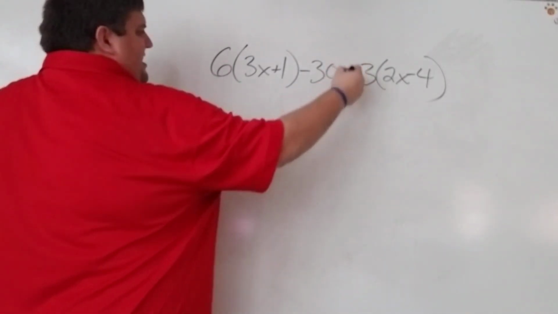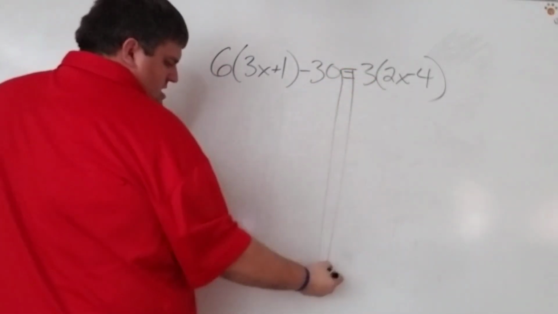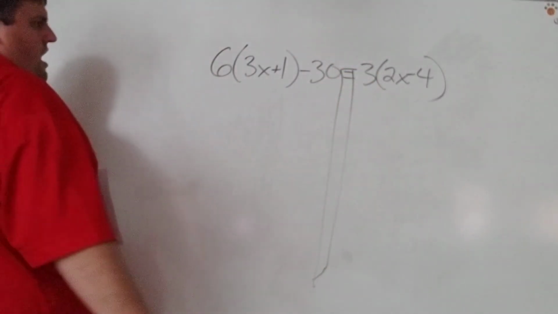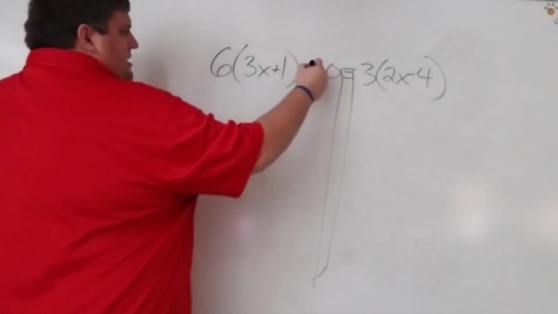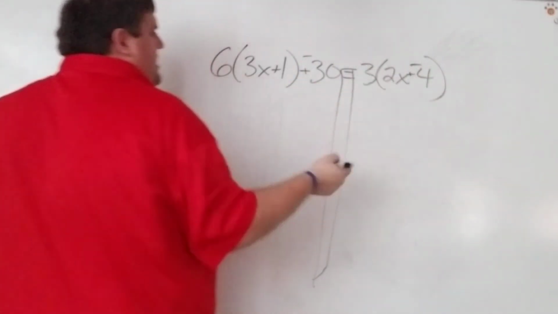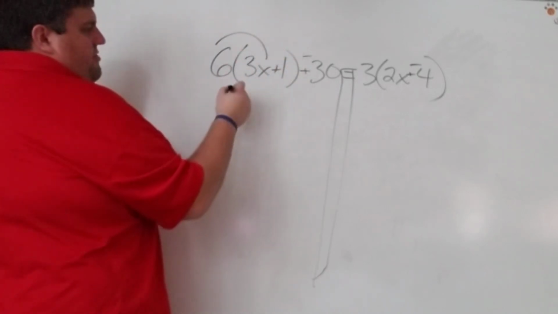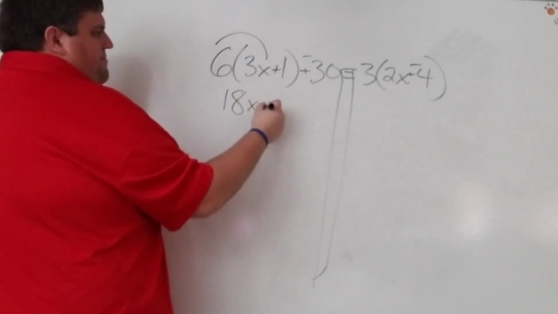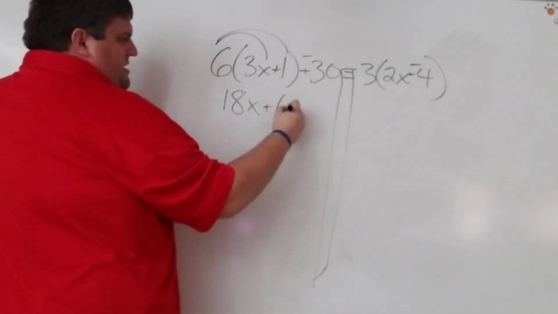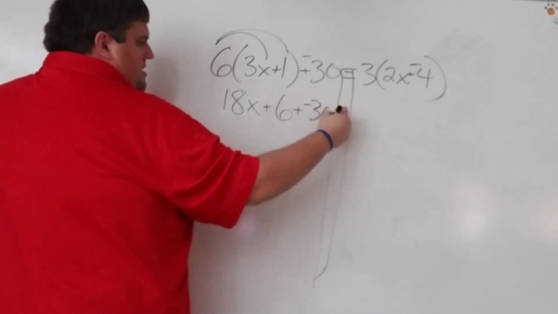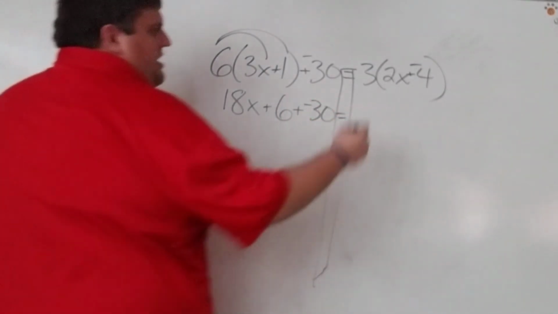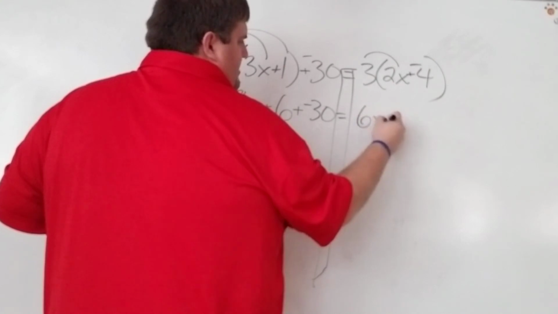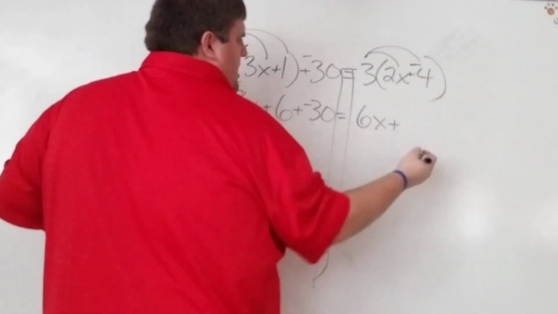All right. Let's see here. Watch my minus signs. I'm going to distribute: 6 times 3x is 18x. 6 times 1 is 6. And then I've got to distribute over here. 3 times 2x is 6x, and 3 times negative 4 is negative 12.